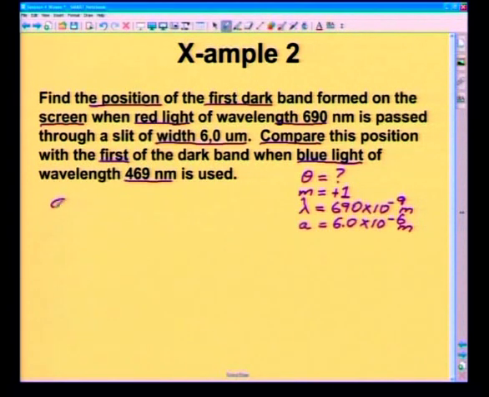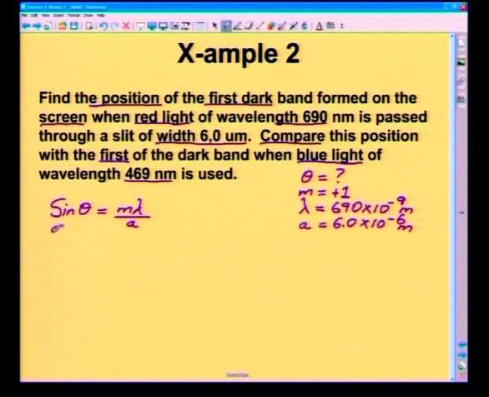From the formula, we know that sine theta equals, and you write the formula in full first, m times lambda divided by a, which is the size of the slit. So we're looking for sine theta, we're looking for theta actually.